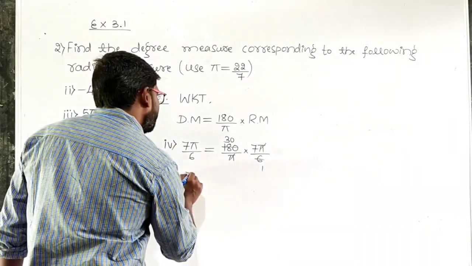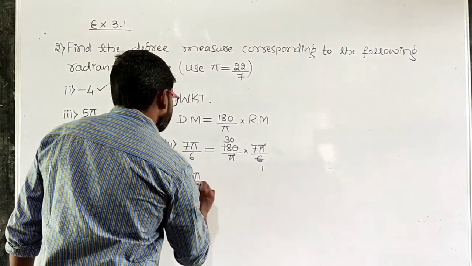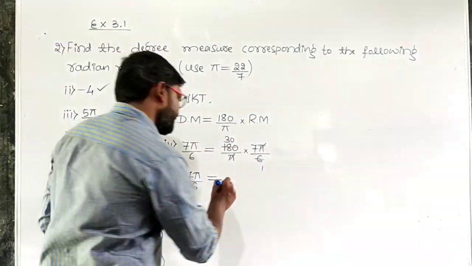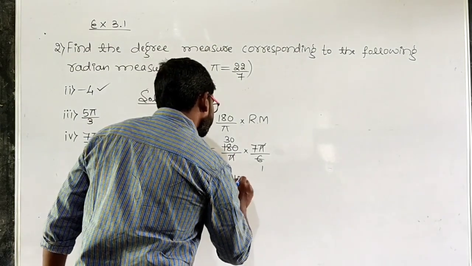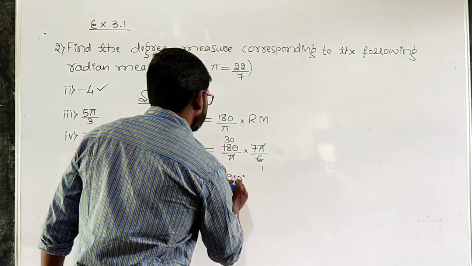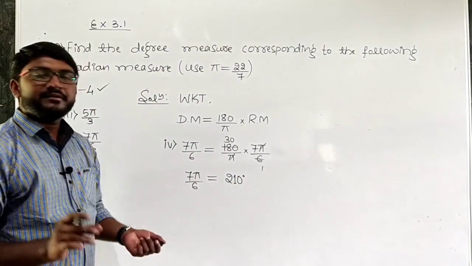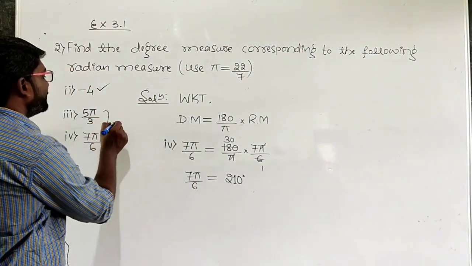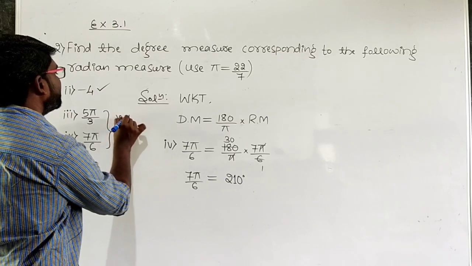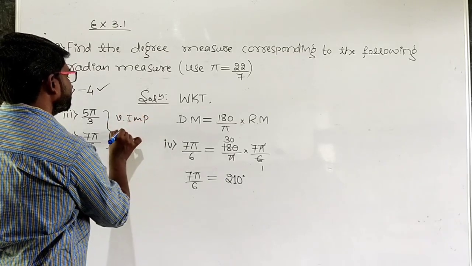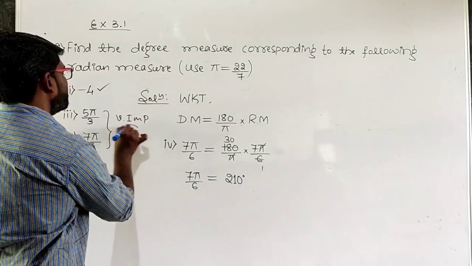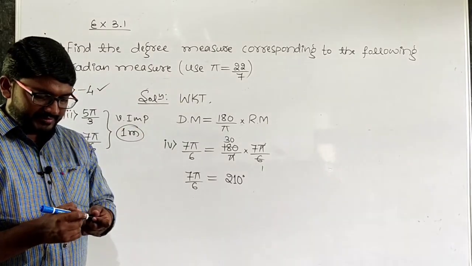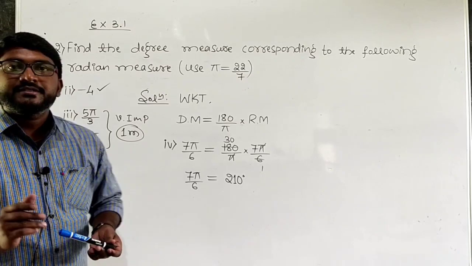So 7 pi by 6 equals 30 into 7, it is 210 degree. So this is all about the second sub question. Roman number 3 and Roman number 4 are very important for 1 mark. So you have to practice a lot.